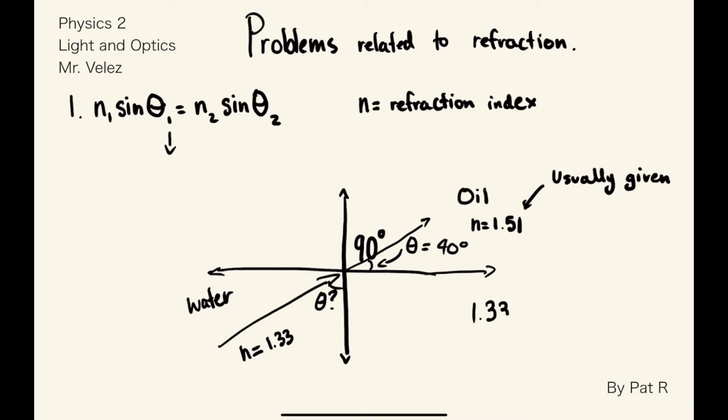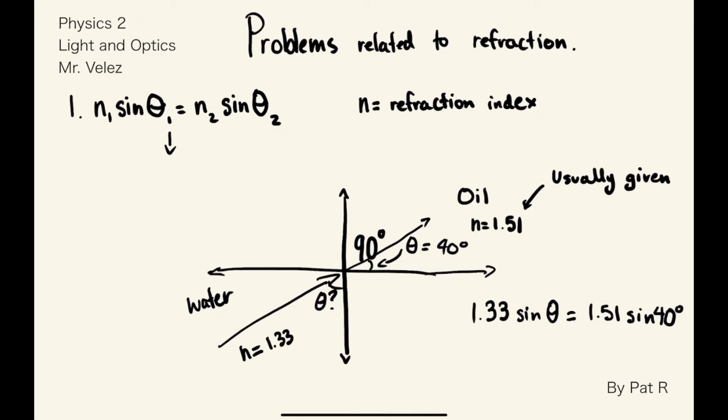So here you would plug in the known variables such as the refraction indexes of both substances and the angle of refraction that we know is 40 degrees. So set it equal to each other, divide the right side by 1.33, which is the refraction index of water.